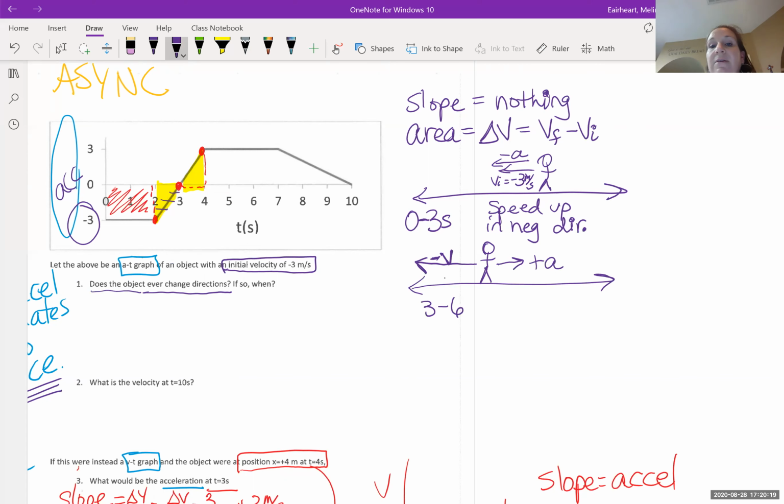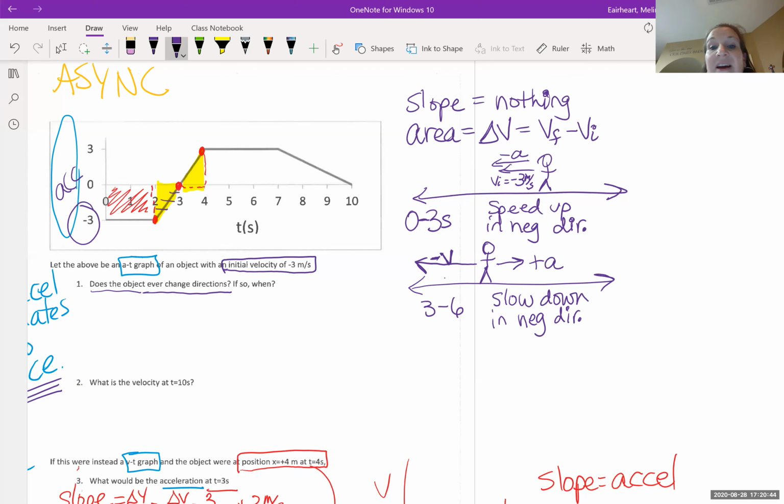Positive acceleration. And so when we have that opposite sign of the two, it's resisting that leftward, negative motion. And so we begin to slow down, but not an immediate stop. We're going to continue moving in the negative direction until we come to a stop.